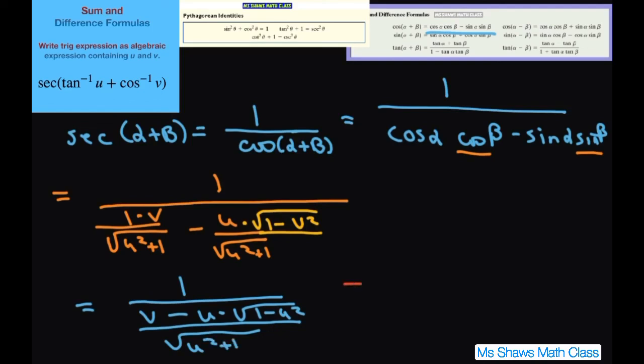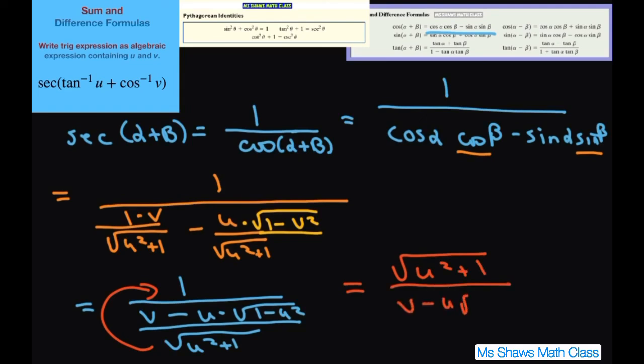All right, now with the division properties, I can just move that up there. So our final answer is square root of u squared plus 1 divided by v minus u times square root of 1 minus v squared.